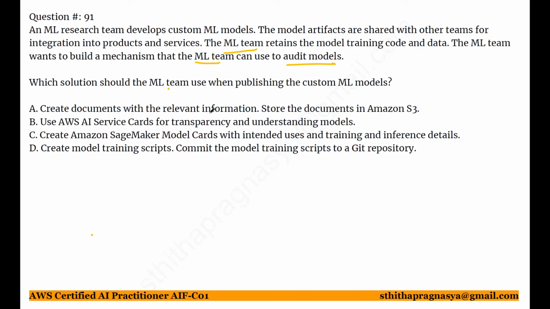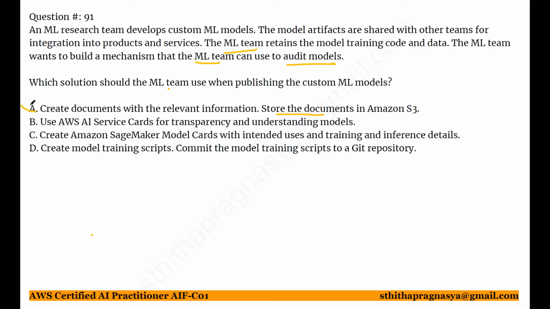Option A, storing documents in S3 is a basic approach to managing information, but it lacks the structure, versioning, and auditing features needed for a robust model auditing system. Manually creating and maintaining documents is also prone to inconsistencies.